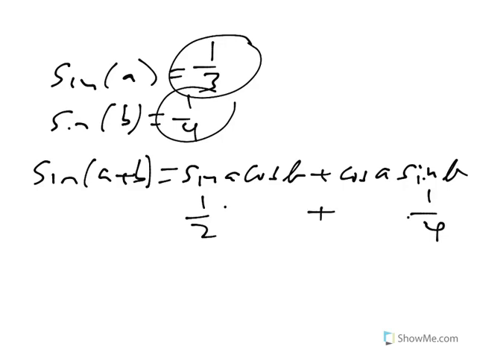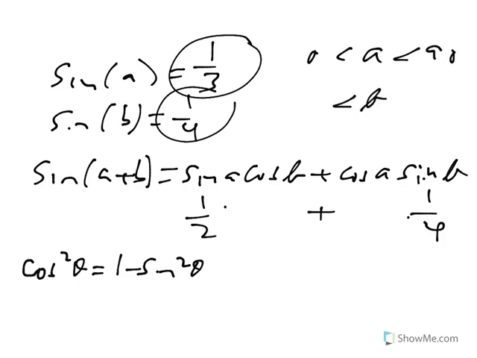And the other 2 are easily calculated because we have an identity that cosine squared theta is 1 minus sine squared theta. And actually implied in here is that A is an acute angle, and so is B. I'll just tell you that.